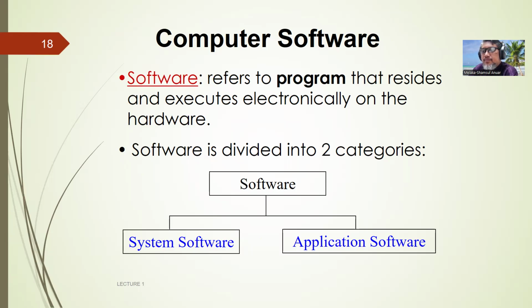Software refers to programs that reside or execute electronically on the hardware. Software is something we do not see, but it is something that we produce or we use. We have two types of software: system software and application software.